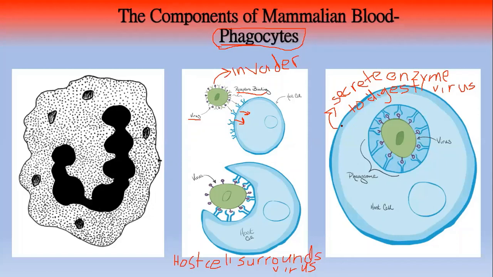And that act of surrounding the virus completely, we say it engulfs. So we say the host cell engulfs the virus. And that is how phagocytes fight against infection.